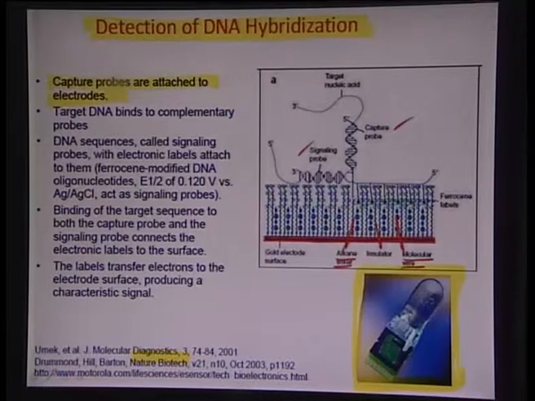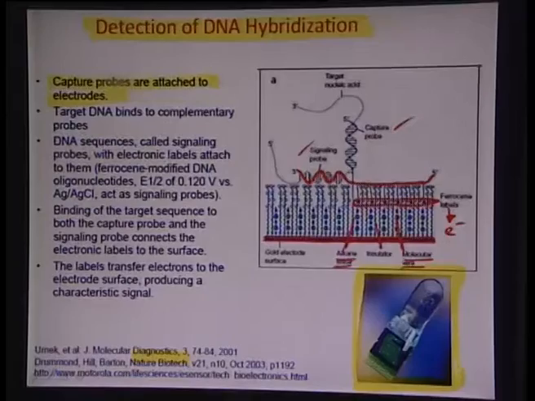So this essentially is the signaling probe. This other end, this complementary end of the DNA, has a signaling. Why it is called a signaling probe is because it varies from 3' to 5' side of the DNA, and it contains an electrochemical label called a ferrocene group. Okay. What a ferrocene label typically does is it essentially is an electron transfer agent.